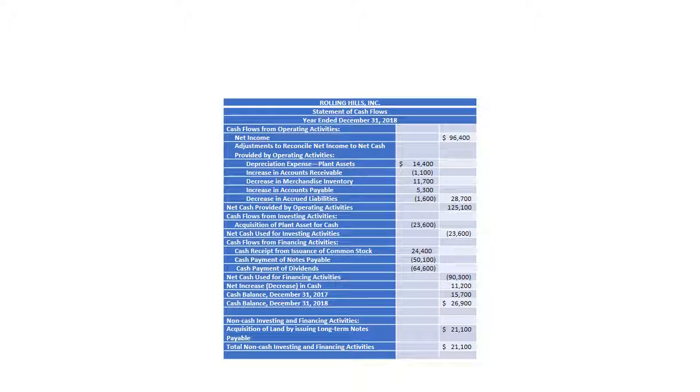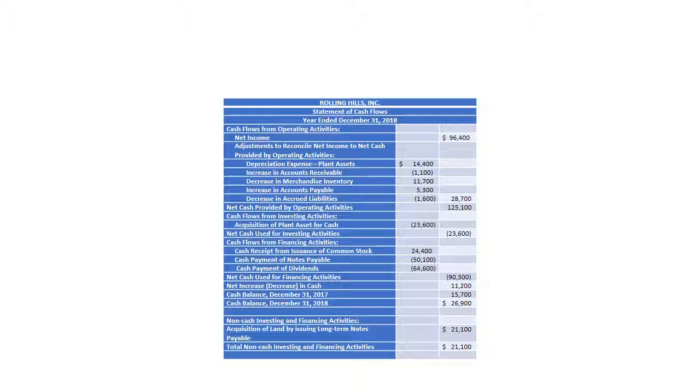So there's the complete cash flow statement for Rolling Hills Inc. Again, they provided $125,100 from operating activities towards cash. So cash increased $125,100 during the year from the company doing their normal operations. It decreased $23,600 from buying long-term assets, and it decreased another $90,300 from doing their financing activities.